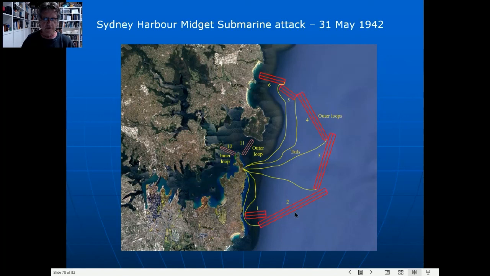So none of these loops were working on the night of 31st of May. We had these 2 inner loops working. The outer loop was picking up a lot of terrestrials and industrials, so it wasn't giving very good signals, but loop 12 was. So as the 3 midget submarines came in, they were all detected on the inner loop. 2 were sunk, and I show here these were sunk by depth charges.